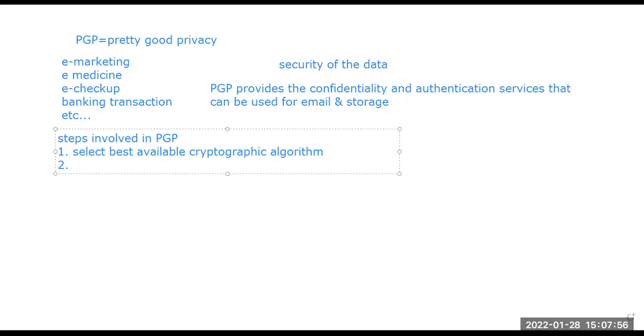Second, integrate these algorithms into a general purpose application that is independent of any platform. Platform means any type of operating system or processor, and it is based on a small set of easy to use commands.